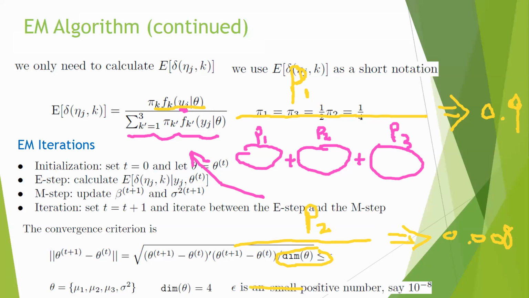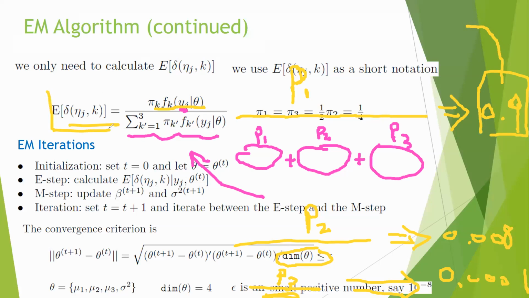If you do the same thing for P3, calculating the chance that this individual came from the third group, this will also give you a very small value. So the expectation of this equals this, or in another way, this individual is very likely coming from the first cluster.